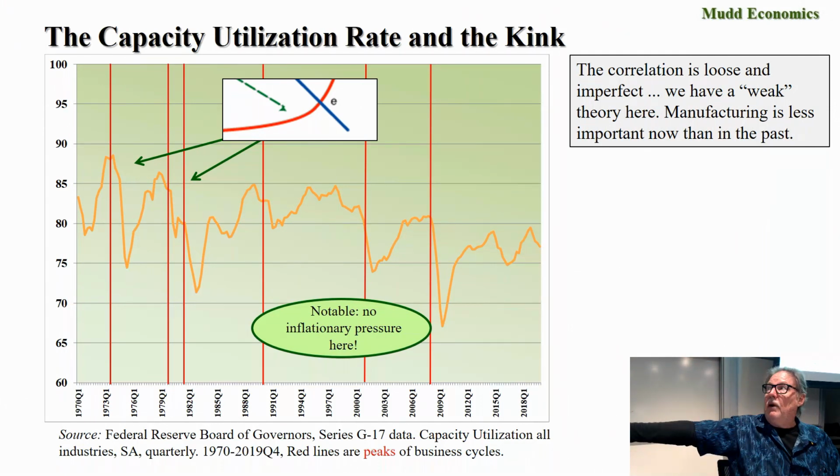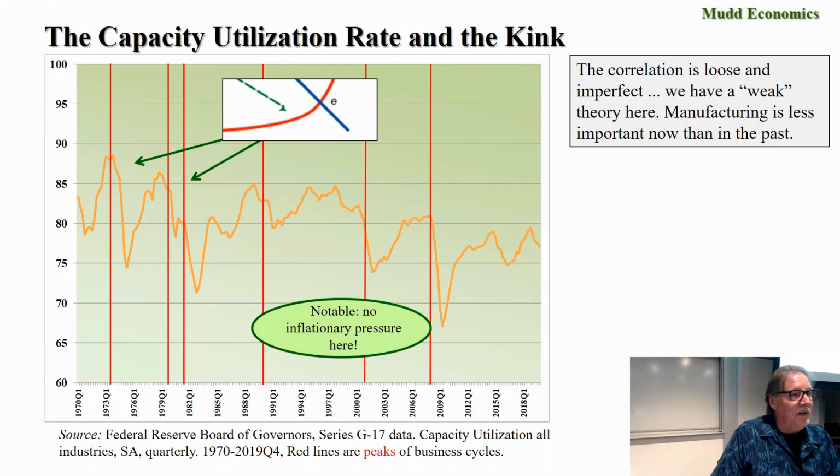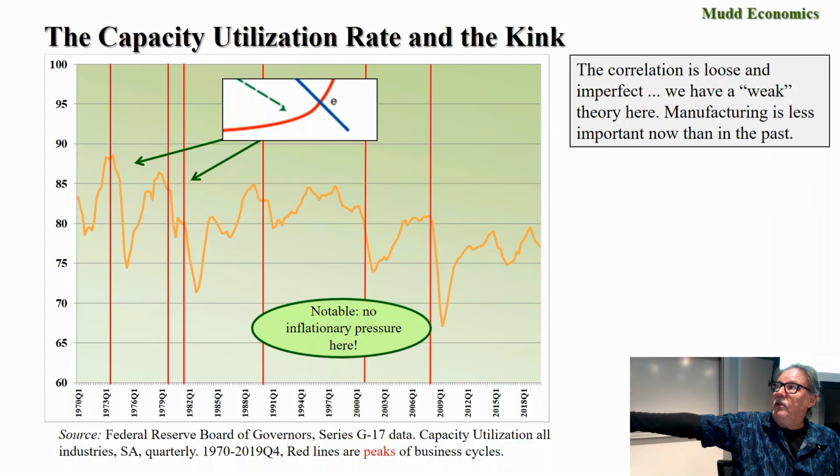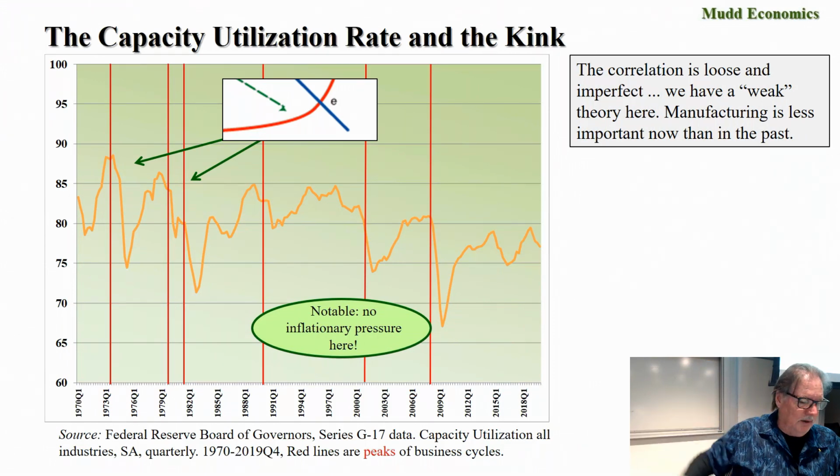Now, you remember right through here that this actually did ultimately result in some double-digit price increases. This is only part of that story, but it is part of that story as we're going to see. When we look at the modern era, though, we see no inflationary pressure to speak of right through here, because here we see manufacturing, of course, coming down really sharply in 2009 to 67% capacity.